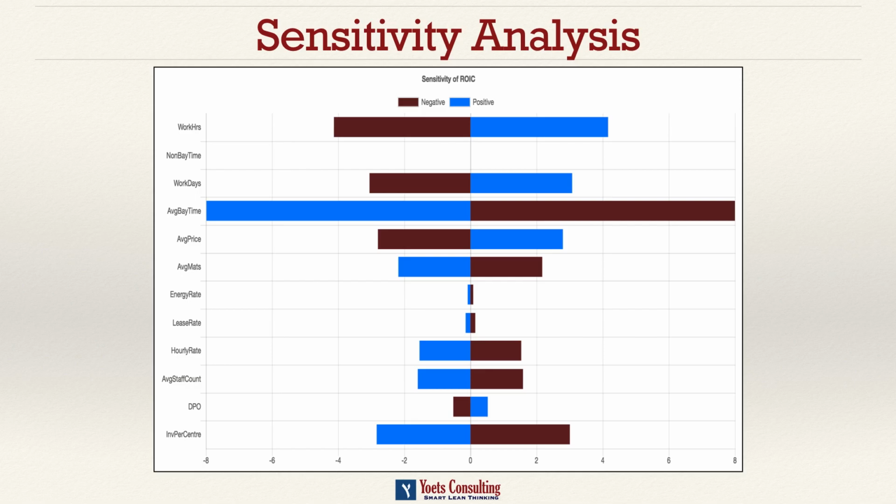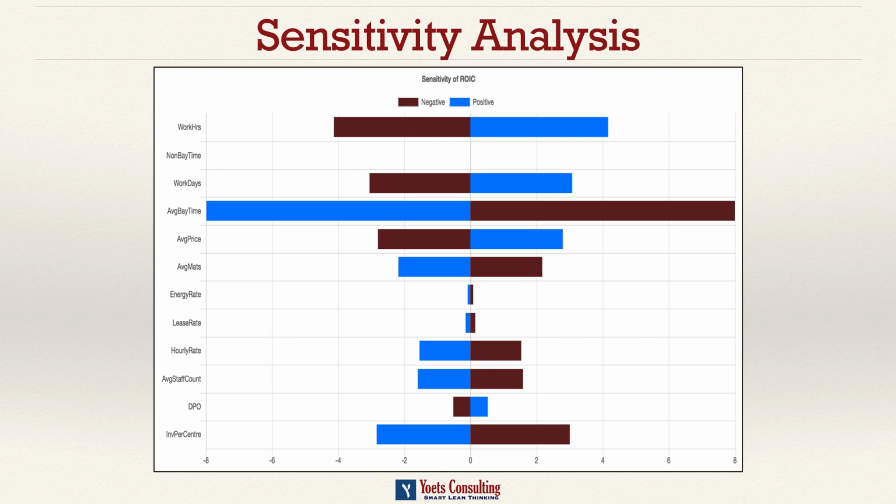Right, so this is the final analysis. We put in obviously a lot of numbers in there, and then this is what you get. We now know which are the levers that are most effective in order to move ROIC from your current position to an improved position.